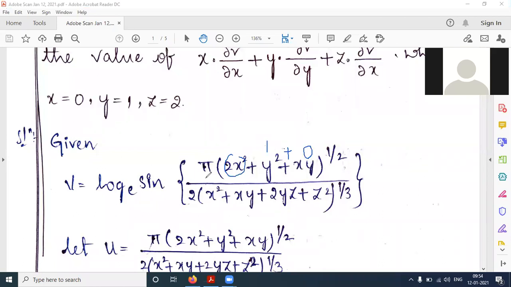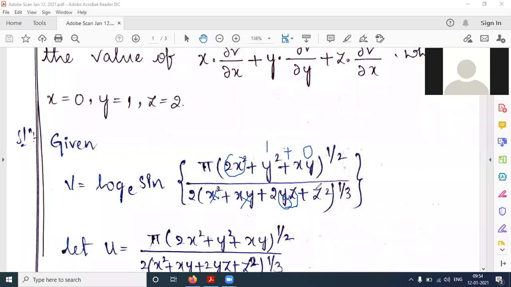So 1 into 1 whole to the power of 1/2 divided by 2 into. This also becomes 0, and this becomes 4 because here 2 is there, and this one becomes 2 because y is 1, z is 2, so 1 into 2 is 2.